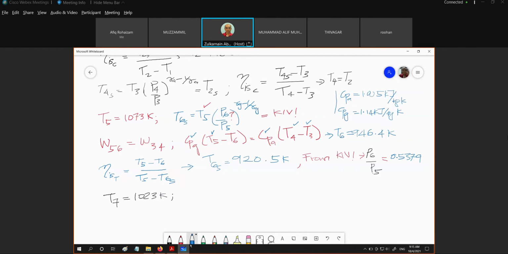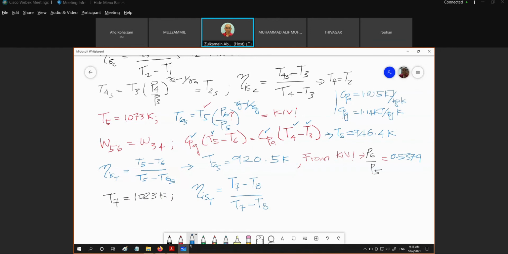T8 should be, we look at the isentropic efficiency for the low pressure turbine, which is T7 minus T8 divided by T7 minus T8S.